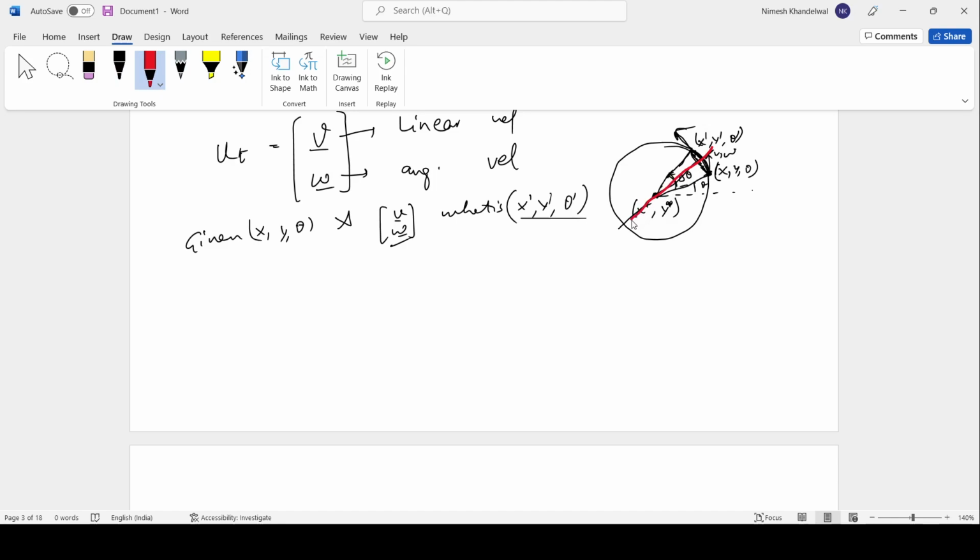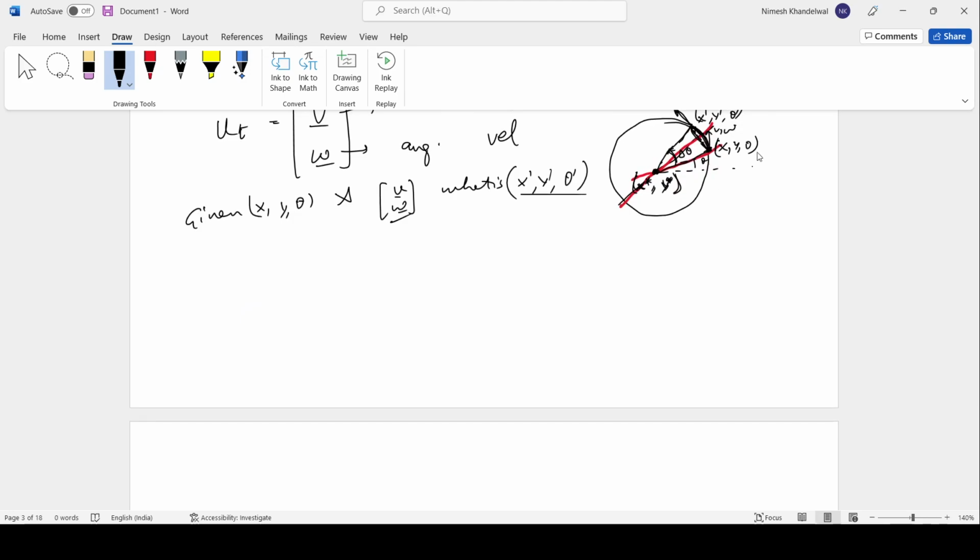The intersection of this line and this line will give you the center of the circle, because these will intersect at the center of the circle, right? There is no point in doing this; you have all done this in high school while preparing for JEE or anything else if you have taken mathematics.